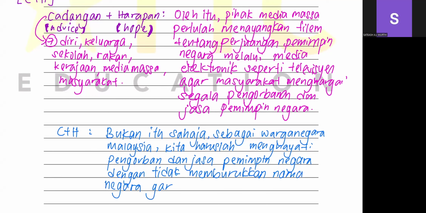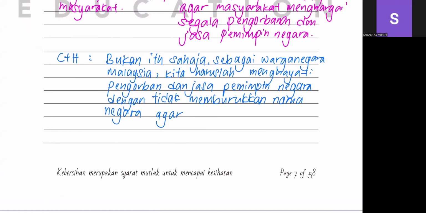Agar so that if we didn't say bad things about our own country, actually our image can be protected. So agar image negara terjamin. So that our country image can guarantee.